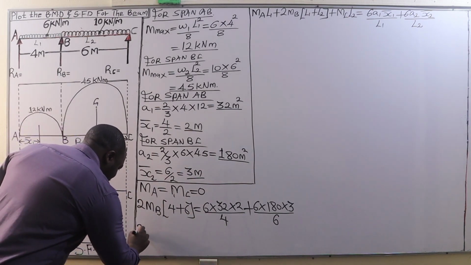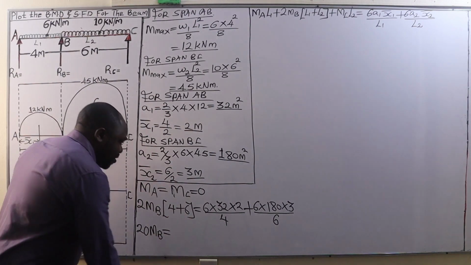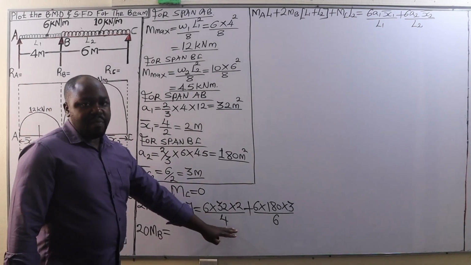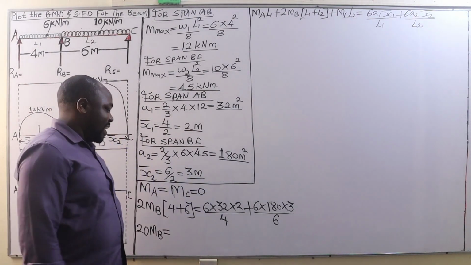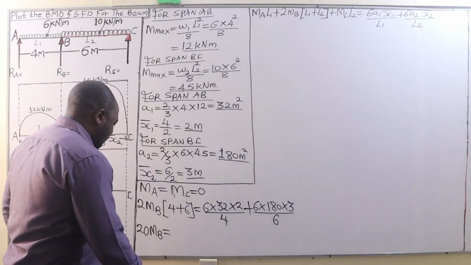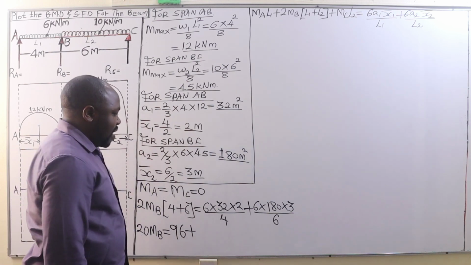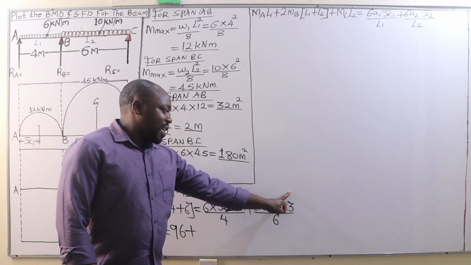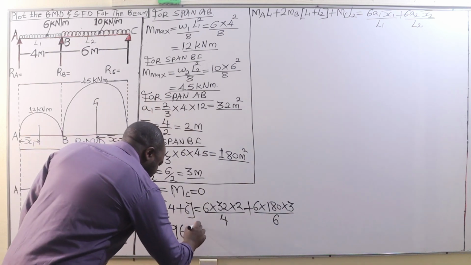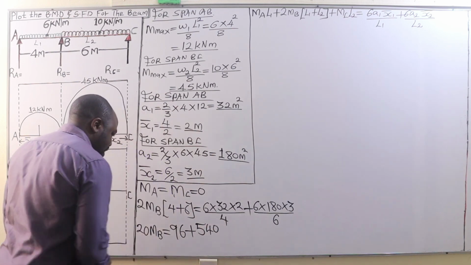So we have 20 MB is equal to, this part is going to be equal to 96. So 6 times 32 times 2 divided by 4 is 96, plus 6 times 180 times 3 divided by 6, that is going to be 540.